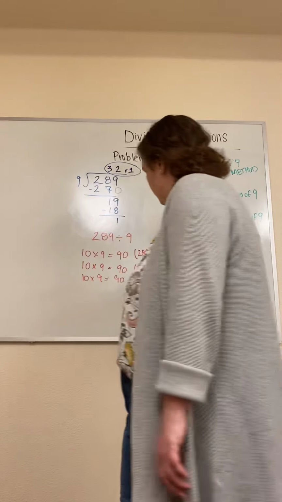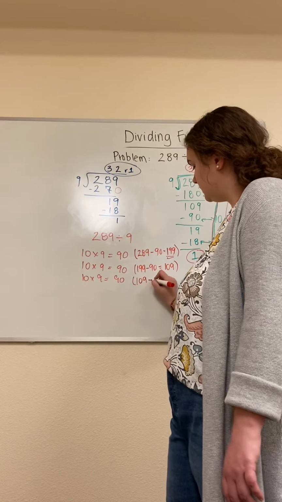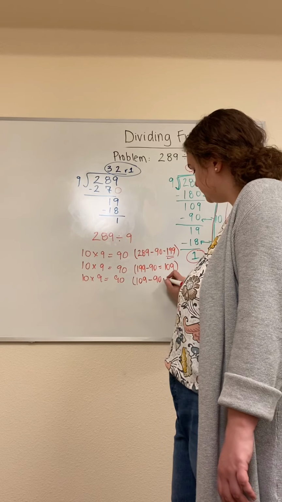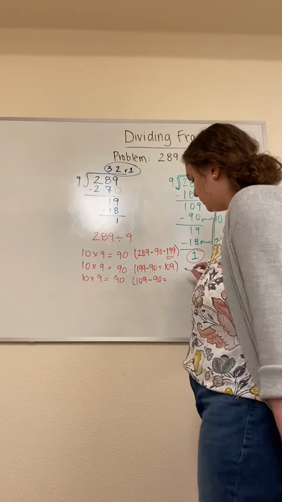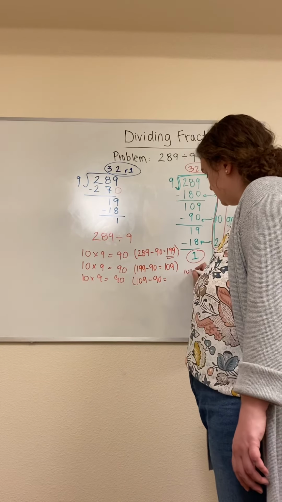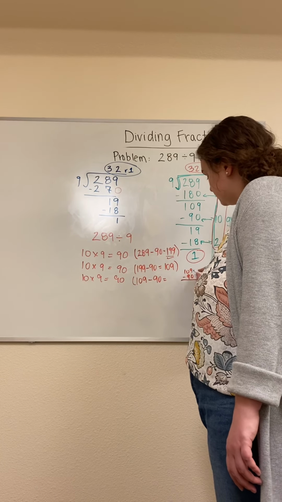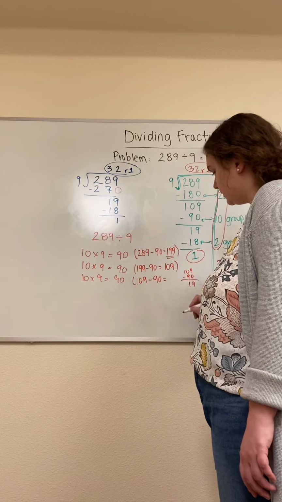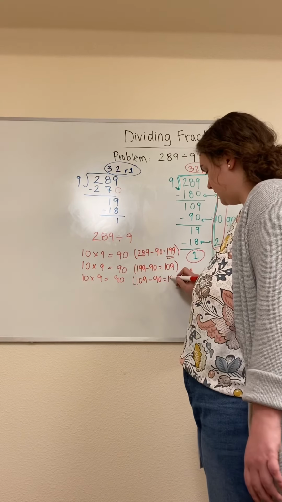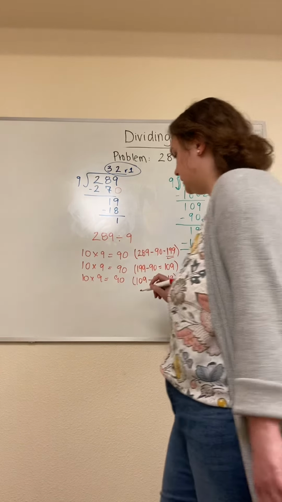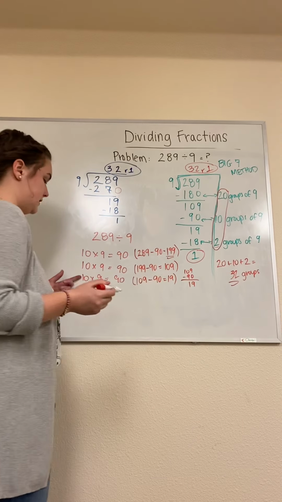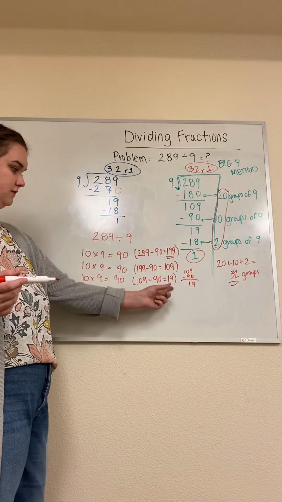And then we have this 109 minus 90, which gives 19. So we have 19 left. And so we know we can't do another group of 10, because that would be too much to fit into 19.